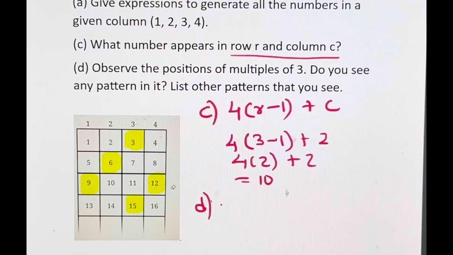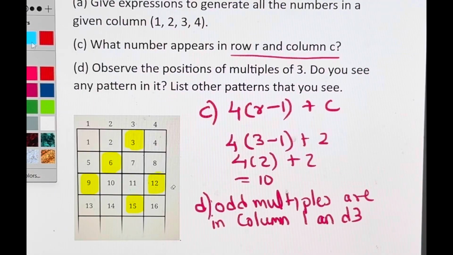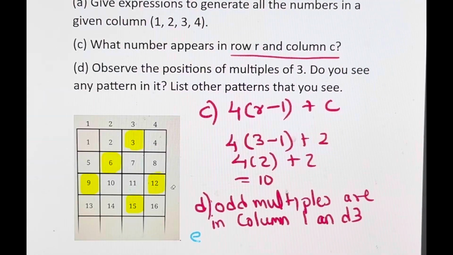So odd multiples of 3 are in column 1 and 3. And even multiples of 3 are in column 2 and 4.